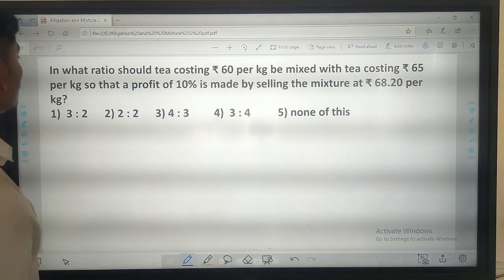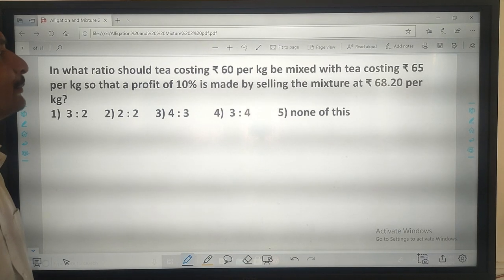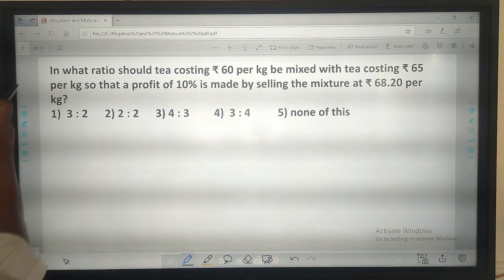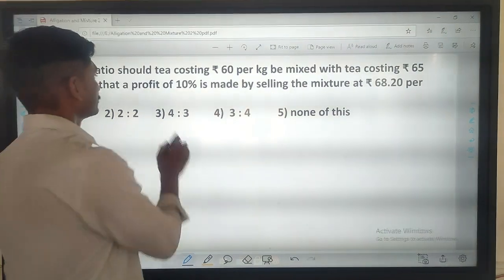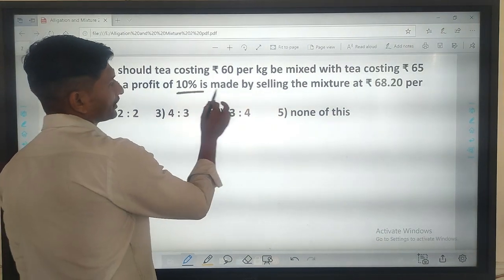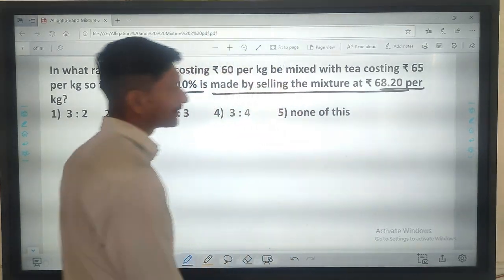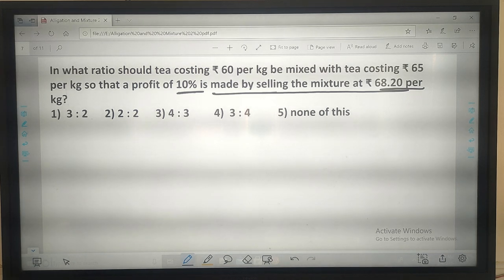Next, in what ratio should tea costing rupees 60 per kg be mixed with tea costing rupees 65 per kg, so that a profit of 10% is made by selling the mixture at 68.20 per kg.